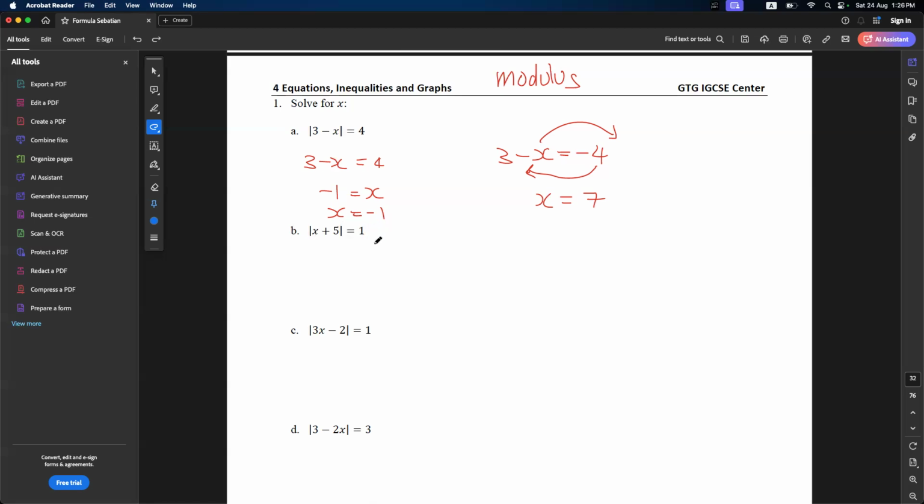Bring the modulus to the right-hand side. I have x plus 5 equals 1 and x plus 5 equals negative 1. So x can either equal 1 minus 5, negative 4, or x can equal negative 1 minus 5, negative 6. These are again the two answers.